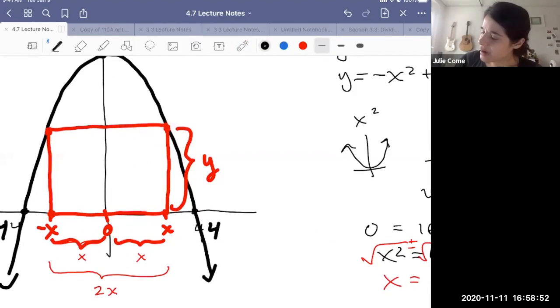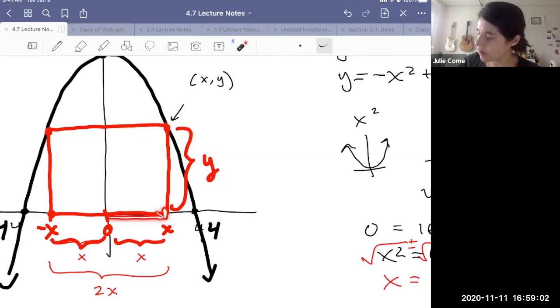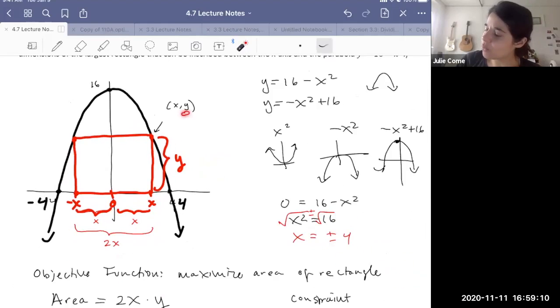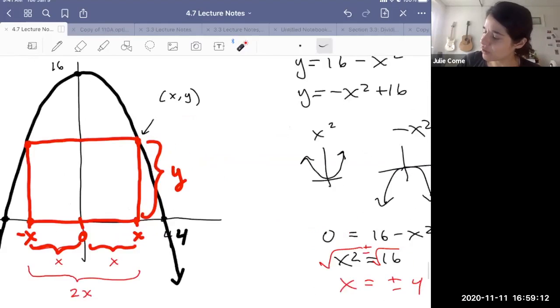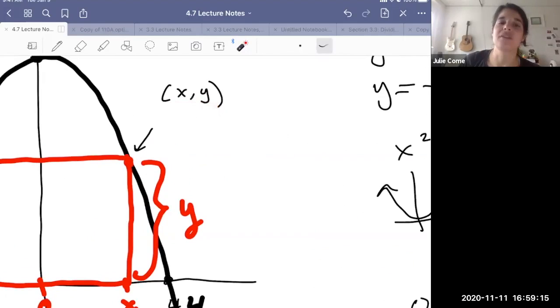Well, I know that I could say this point has coordinates x comma y, based on how I've labeled my picture. I've decided to call this value just x, and the height is y, so this would have a height of y. Can I replace y with an expression involving x instead?